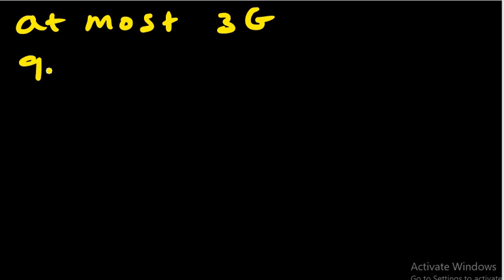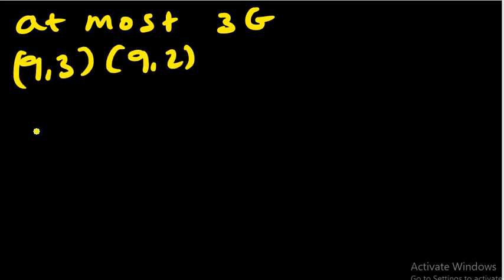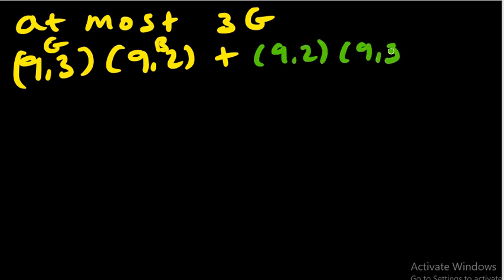Okay, what does it say? At most 3 girls means 9 combination 3 and 9 combination 2: 3 girls and 2 boys. This is one way, plus 9 combination 2 and 9 combination 3, again fewer girls. At most 3 means 3 girls or 2 girls or 1 girl or no girl is possible, and the other part is boys.